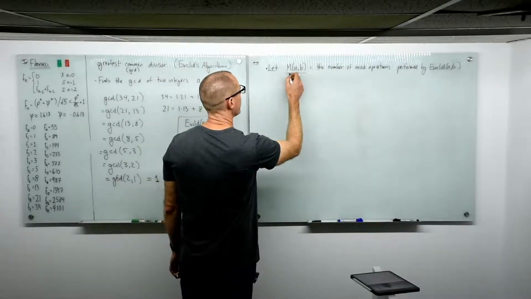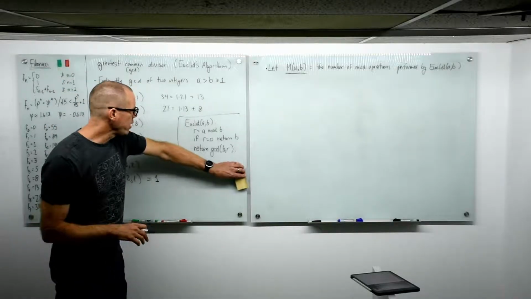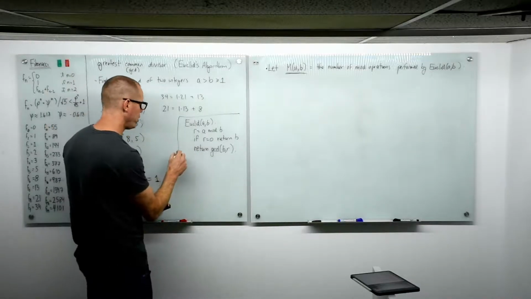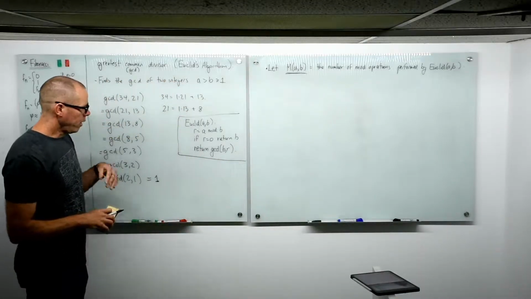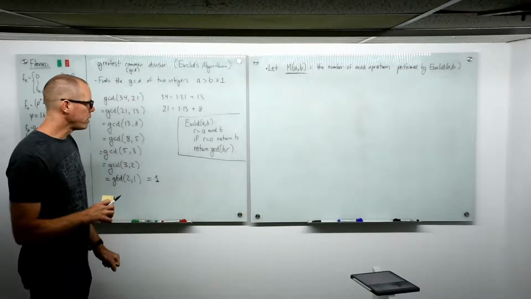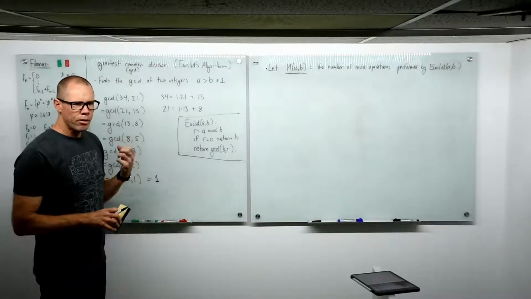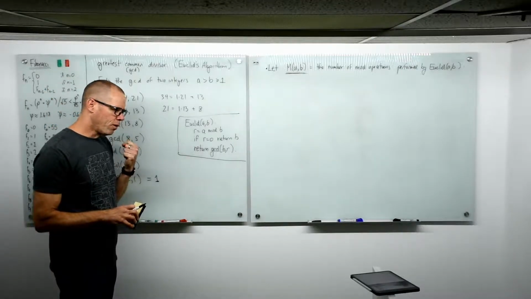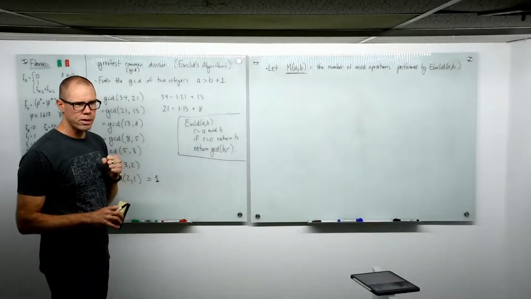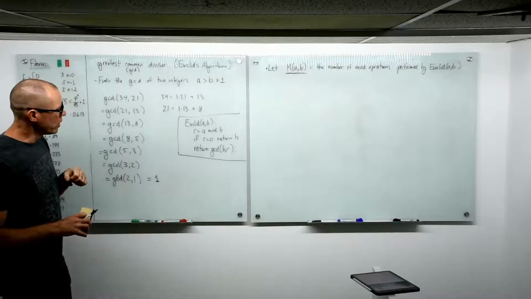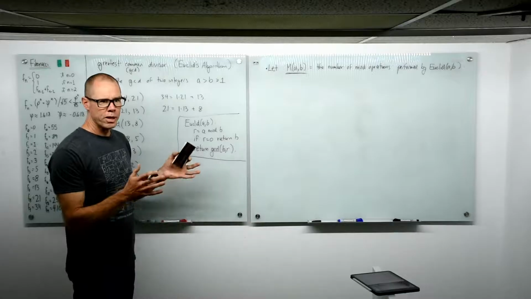So let's define, because we want to study this algorithm and we want to talk about running times, but I don't want to deal with the cost of arithmetic. In particular, this GCD algorithm is so fast that people use it for really big integers. For instance, in public key cryptography, this GCD algorithm gets used, but the integers aren't like 32-bit or 64-bit integers.